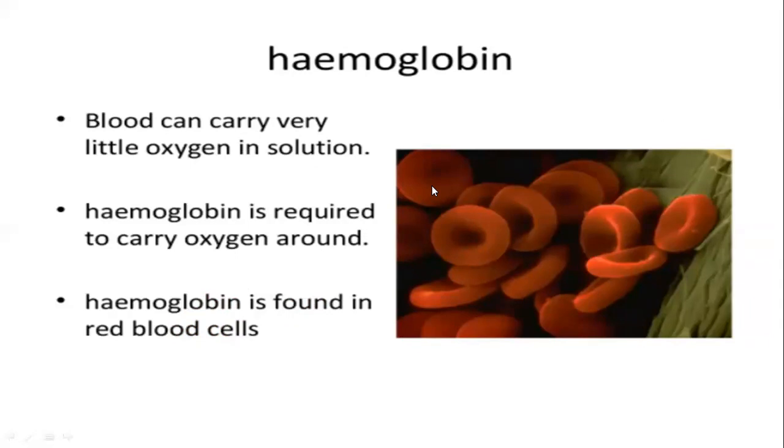So basically, the right place for hemoglobin to function optimally should happen in the red cell. You don't want hemoglobin in solution to be associated with any excesses in terms of carrying of oxygen. So blood can carry very little oxygen in solution, especially if you have hemoglobin in solution.